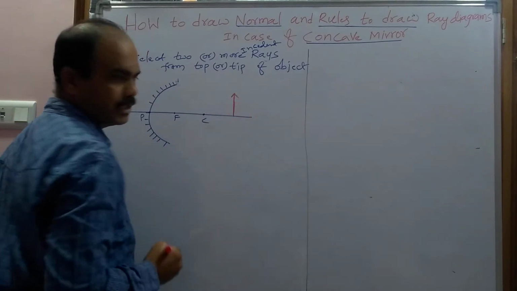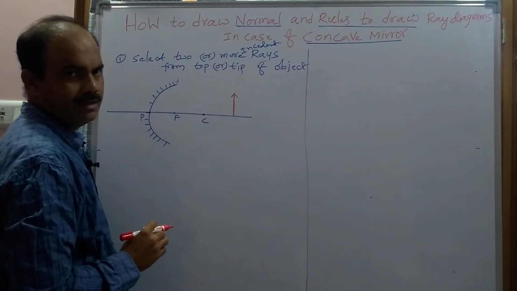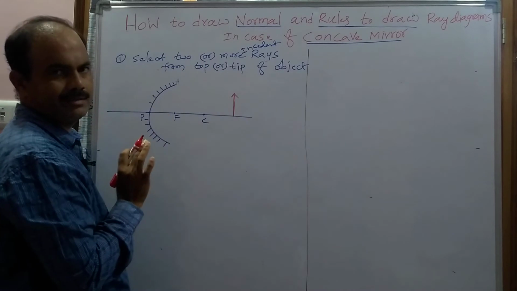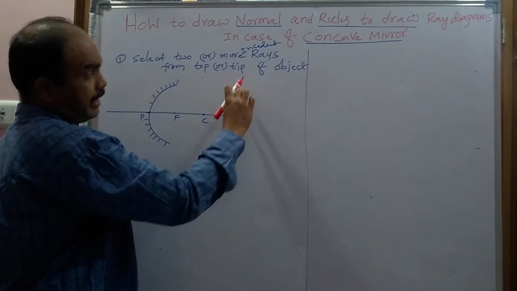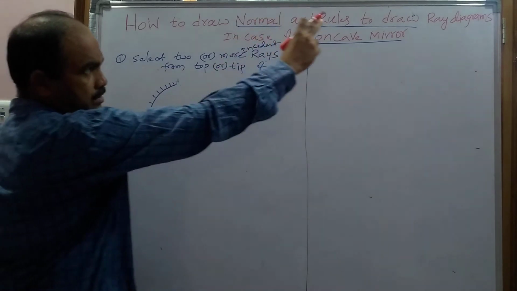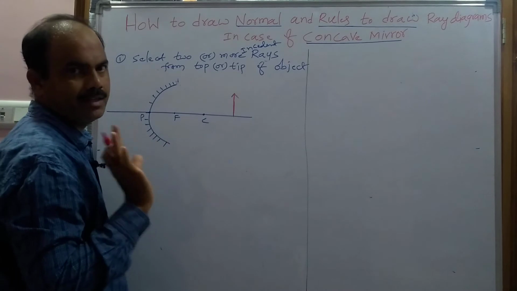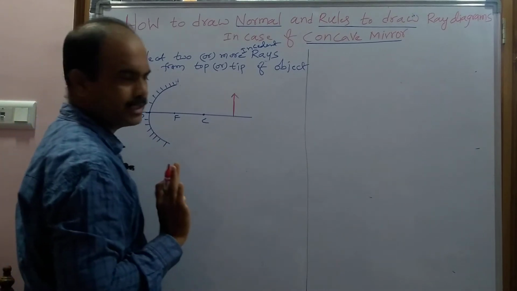This object is on the principal axis and above the principal axis. This object is called an extended object. We are going to discuss only the rules to draw the ray diagram in case of concave mirror. If the object is extended, it may be called an extended object.